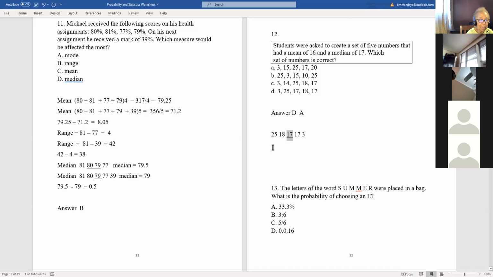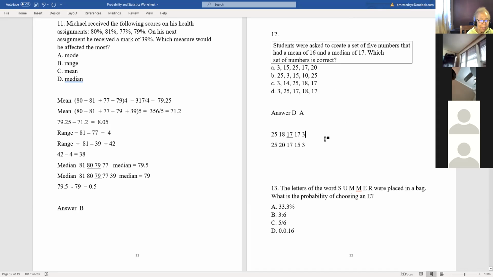Now, if you take this one, you'd have what? 25, 20, 17, 17, 15, 3, and 3. What's in the middle? 17. 17 is in the middle, right? So both of those have medians of 17.